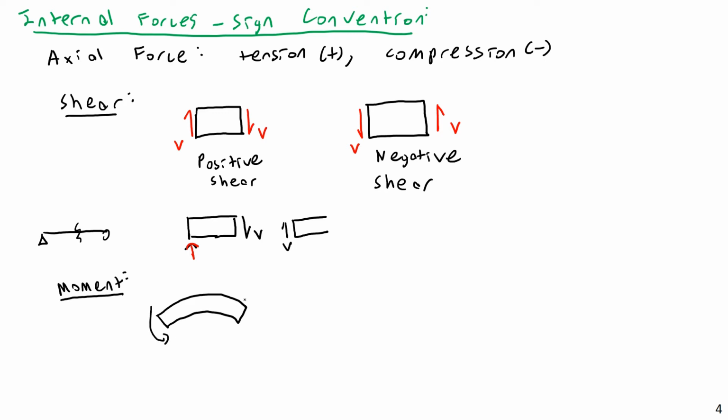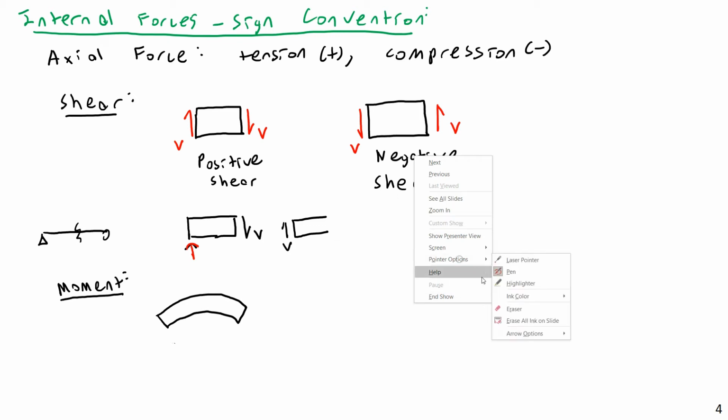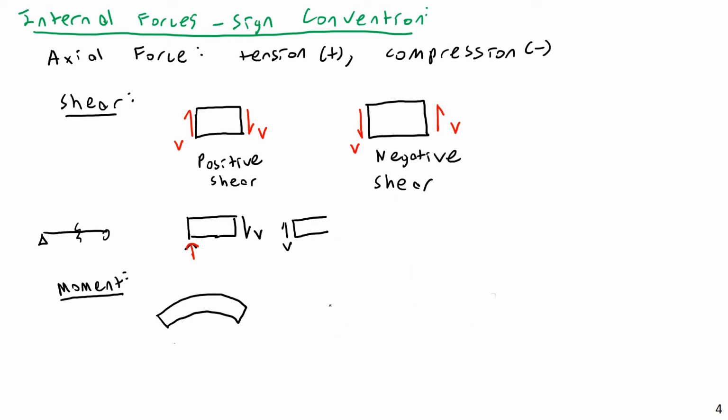So if I apply forces like this, I suppose I should use red to be consistent with what I've done elsewhere. Or actually, if I've been used to doing positive first for everything, I suppose I should do the same here.